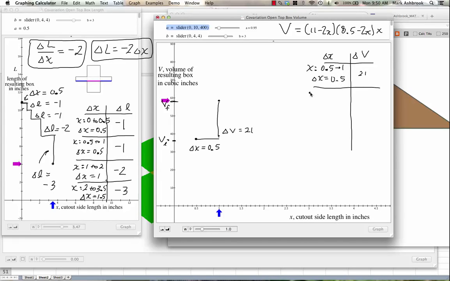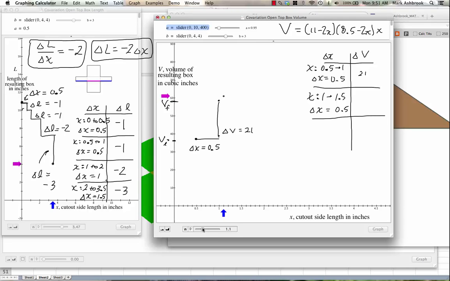Okay, now we're going to do the change from 1 to 1.5. What's delta x? 0.5. So I'll do it on the screen.